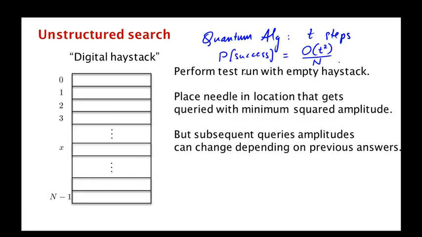As the algorithm runs, its subsequent queries do not look like what they did when we did the test run. They now diverge more and more, and one might even suspect that they diverge exponentially. So what we have to do is show that the run cannot diverge very much.